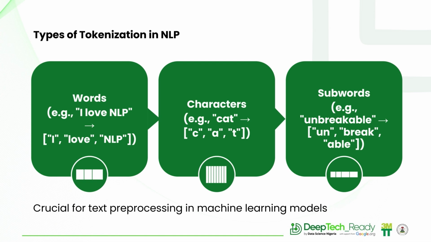And then the subword level is like the middle ground between the word level and the character level. It breaks the text into subwords. For example, we have "unbreakable" here being broken down into "un", "break", and "able". And this is crucial for text pre-processing in machine learning models.